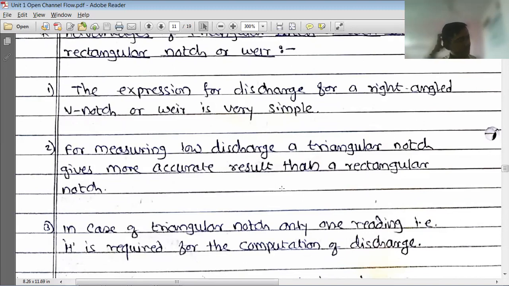One such advantage we have seen in the case of the inverted differential tube manometer.